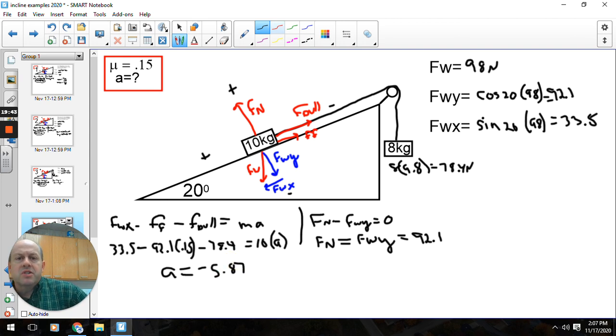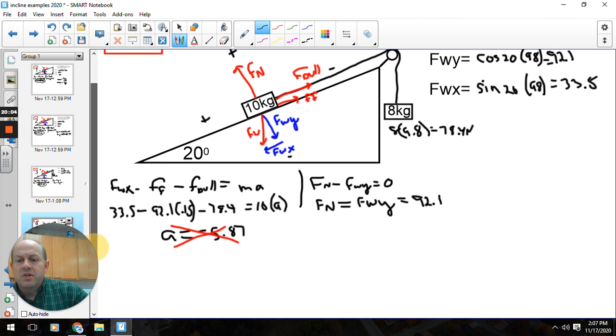So that just tells us we chose wrong. Okay, that this is not going to slide down the plane. In fact, it's going to slide up the plane. So what we need to do then, it's a super easy fix. We basically just take this one equation and flip all the signs except keep your friction negative.